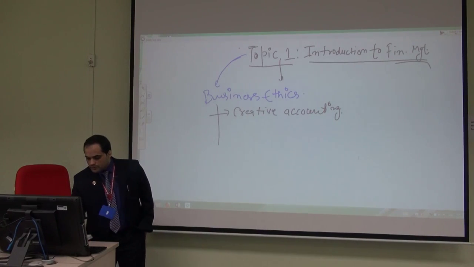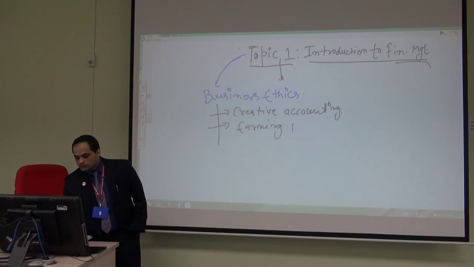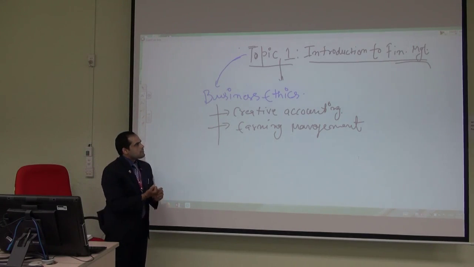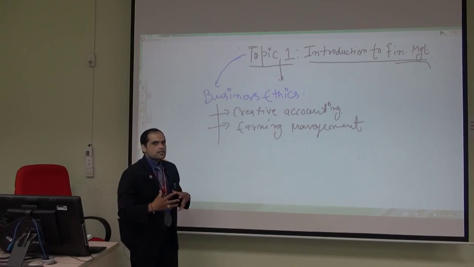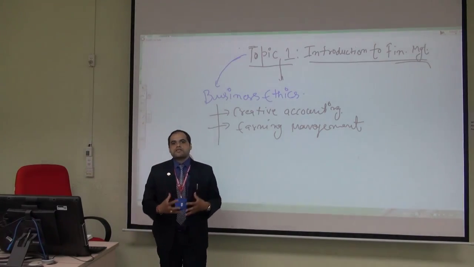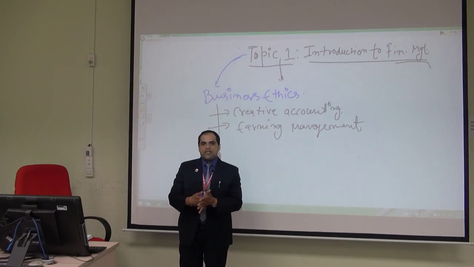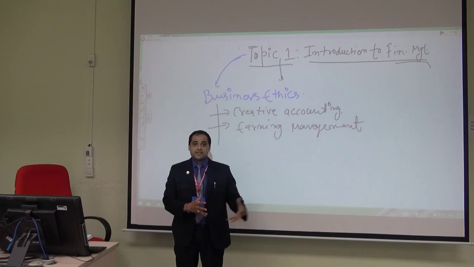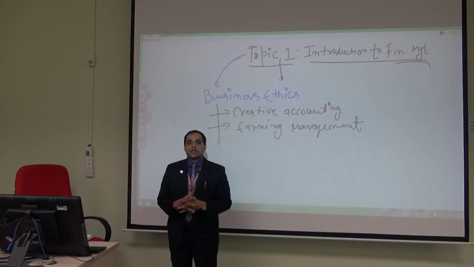Next one is earning management. All right. Earning management means when management focuses more on their personal choices and personal benefits rather than acting in the best interest of shareholders. They're supposed to act in the best interest of shareholders because the objective of the company is maximizing shareholders' wealth.